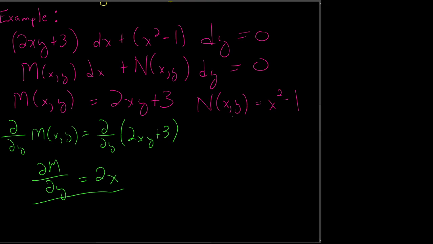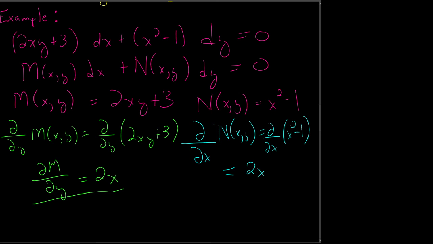Now I come over here, and I want to take the derivative in x, because this was the part that was hanging out in front of the dy. So I take the partial of this with respect to x. The derivative of x² with respect to x is 2x, and the derivative of a constant is 0.